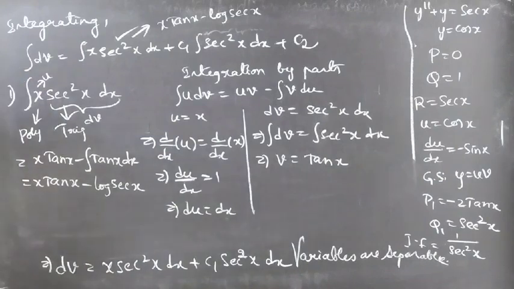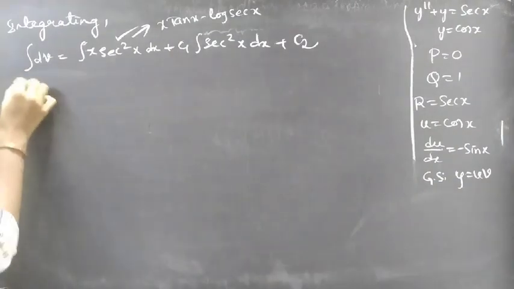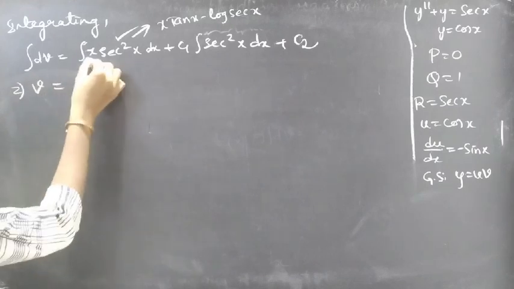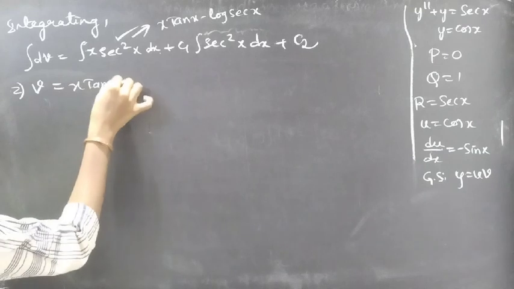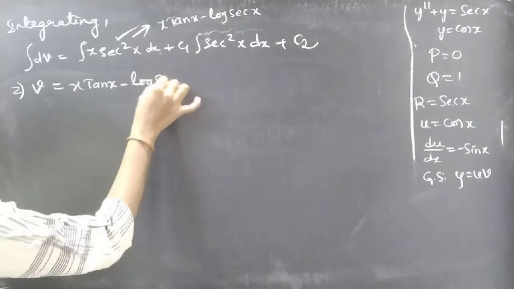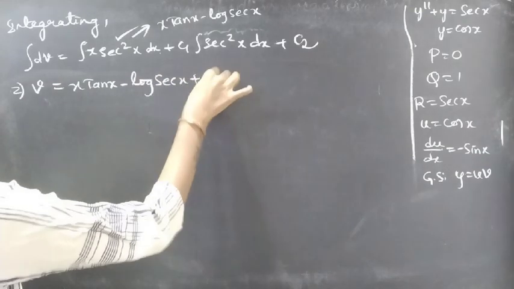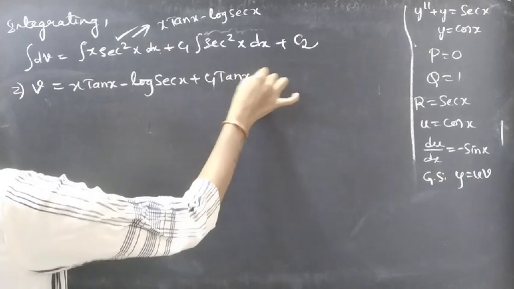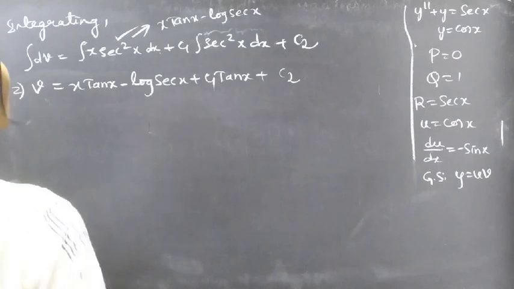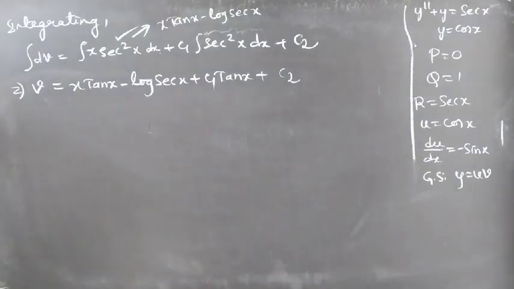Now coming to integral dv, we'll get v equals the integral of secant square x dx, which is x tan x minus log secant x, plus c1 times the integral of secant square x dx, which is tan x, plus the integral constant c2, right?